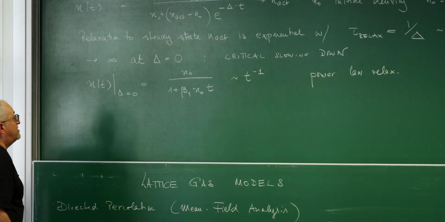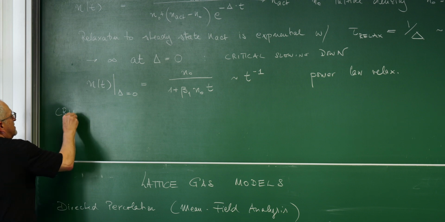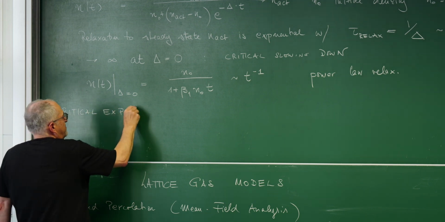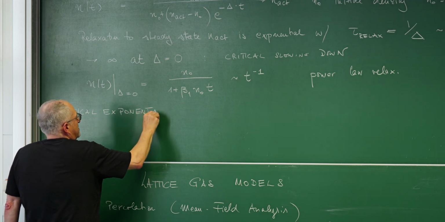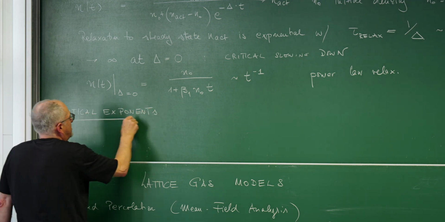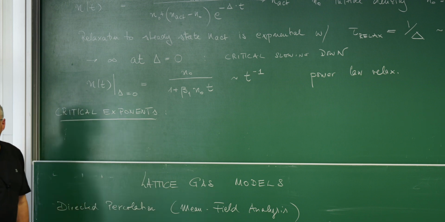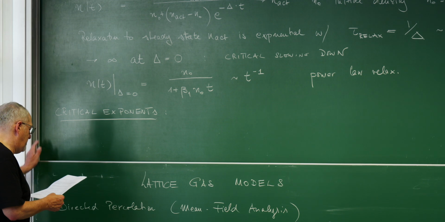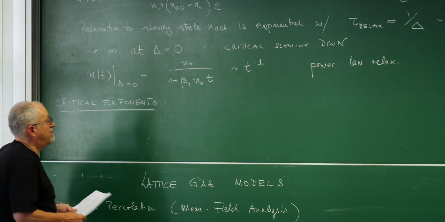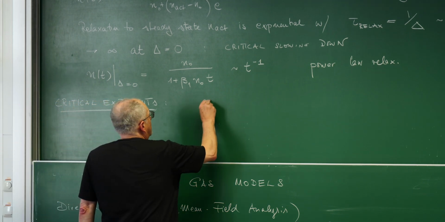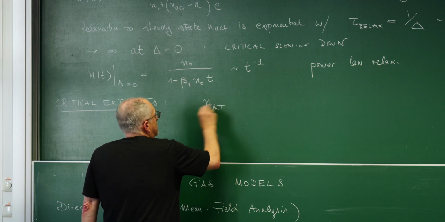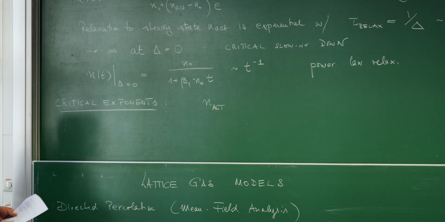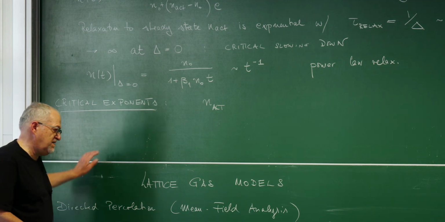Okay, now let's define critical exponents. And here we follow the same logic and reasoning as one does for thermodynamic problems. You want to know how the order parameter changes in the ordered phase as you go away from the critical point. So what is the change of the active density n active as a function of delta?